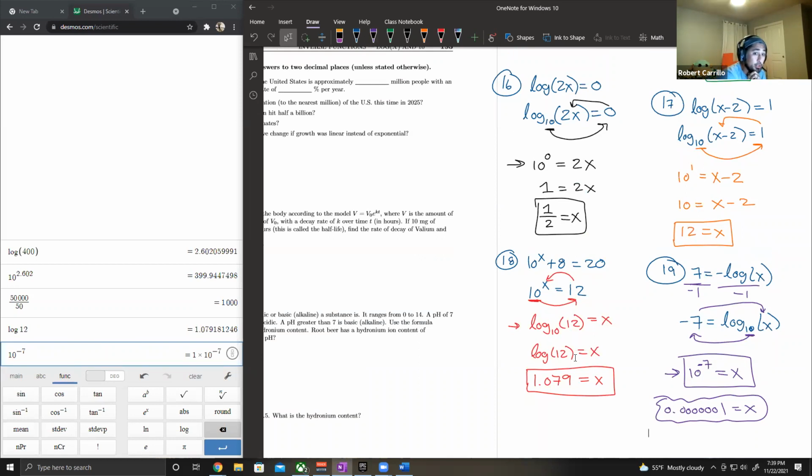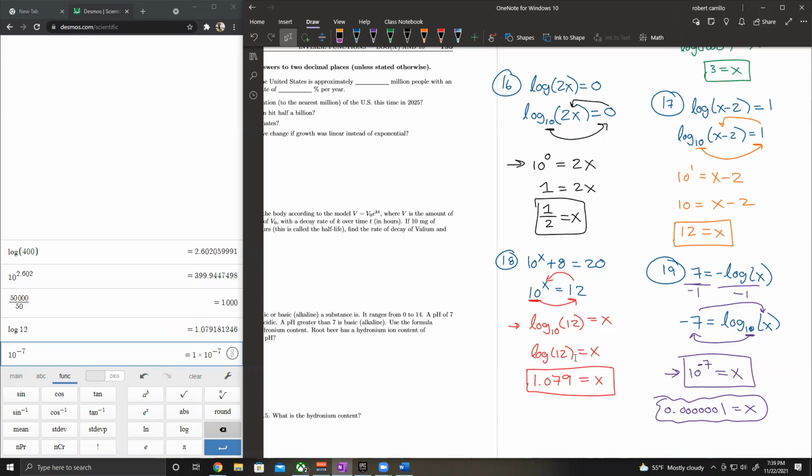Any questions on those? Where did you get the -1? How did you know to divide by -1? Is it because the log is negative and there's no number there, so x is understood as 1? Exactly. You got it.